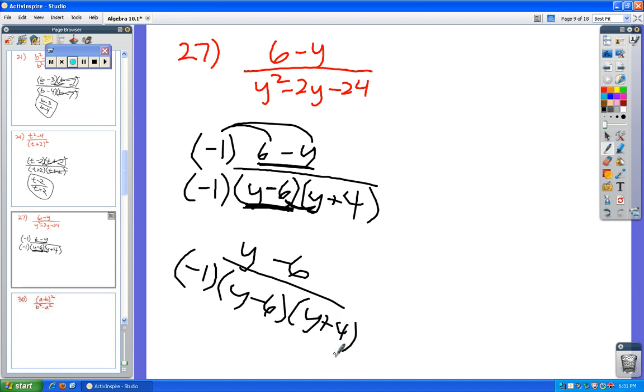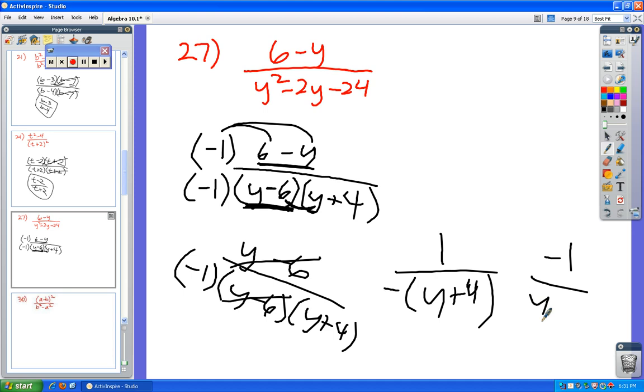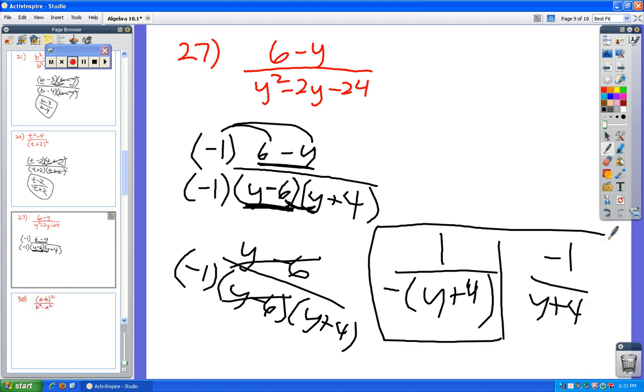Notice, now the top and the bottom match. You can cancel the factors. In which case, you have 1 over negative parentheses y plus 4. If you want, you can move the negative to the top, negative 1 over y plus 4. Either way is fine, but these are your solutions. One of them is okay.